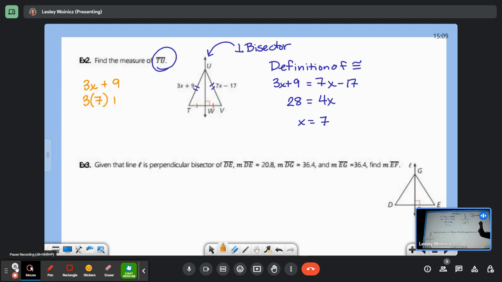So 3 times 7 plus 9. 27 plus 9. 36. Oh, it's 21. I always do that. Gosh darn it, 7's tables. Okay, 21 plus 9, 30. So the measure of TU equals 30 units.